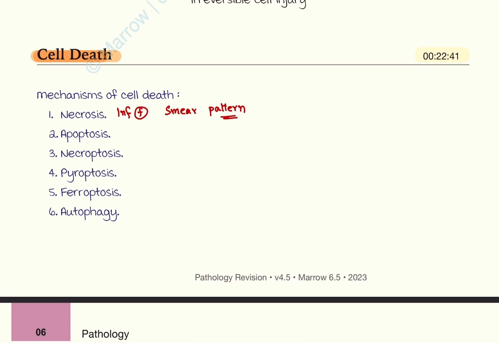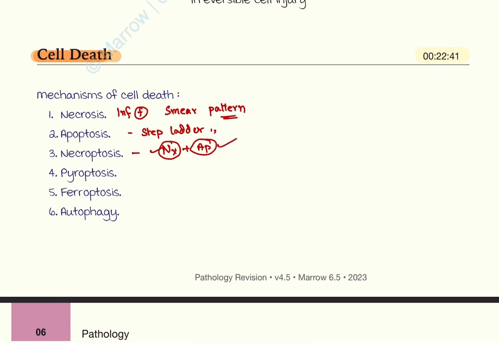In apoptosis there will be a step ladder pattern. What is necroptosis? It is necrosis plus apoptosis. Remember, it starts as apoptosis, but it ends with necrotic features, meaning the morphological features will be typical of necrosis. The inflammation will be present, everything will be present, but it starts as apoptosis, so it is also programmed cell death.